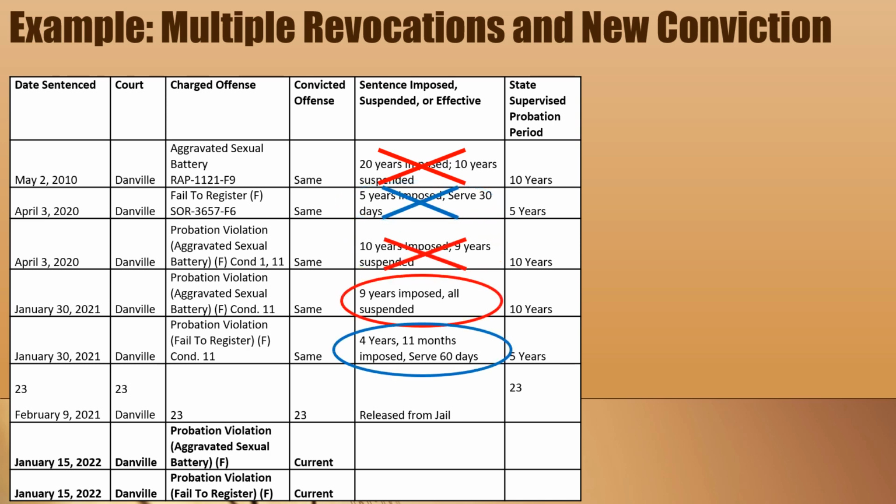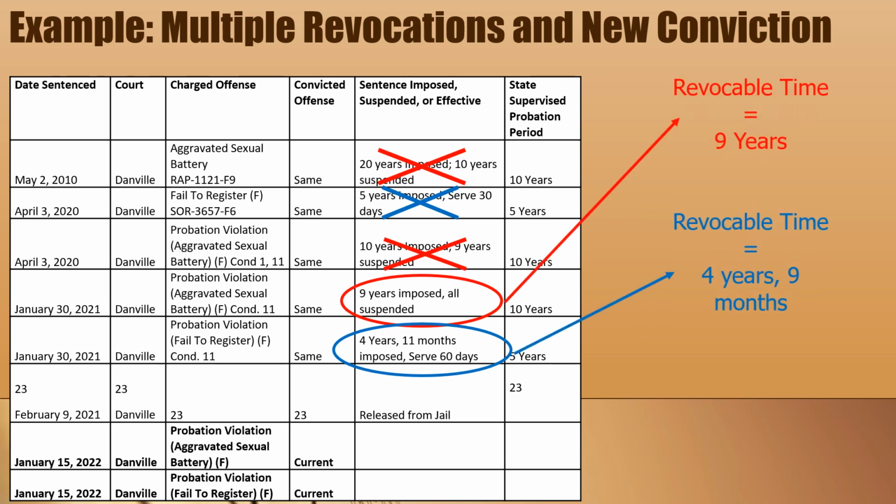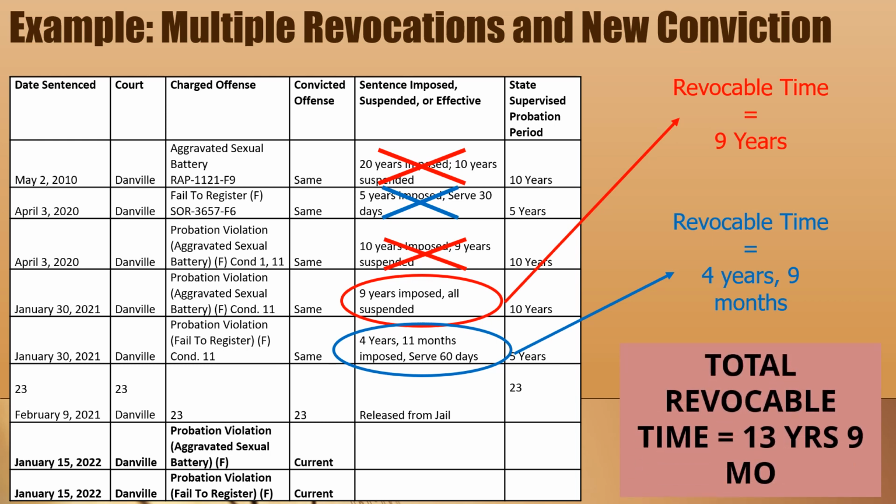And then, after he serves his 1 year for the first violation, he violates again and receives 9 years suspended for the sexual battery charge, and then 4 years 11 months imposed with 60 days to serve for the failure to register, so 4 years and 9 months suspended. We cancel out the previous time imposed and suspended for the first violation, so our revocable time is now 9 years for the sexual battery and 4 years 9 months for the failure to register, resulting in a total revocable time of 13 years and 9 months.